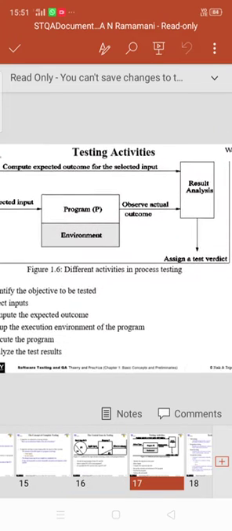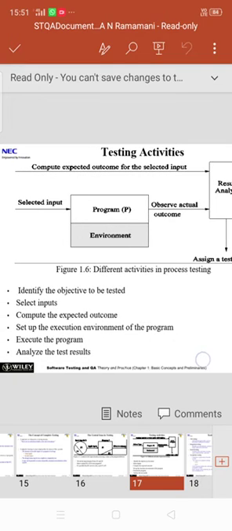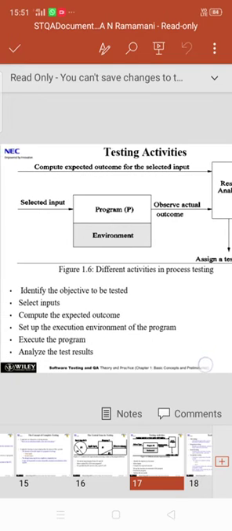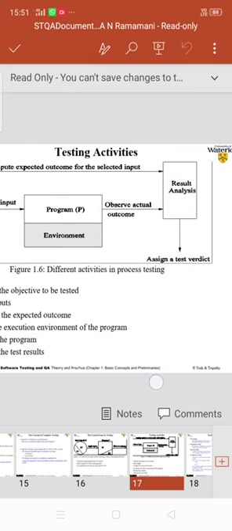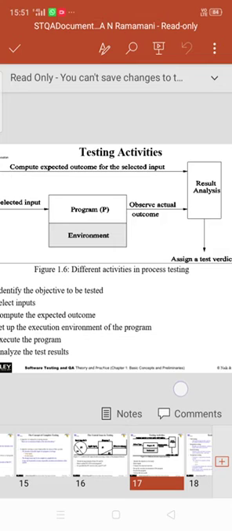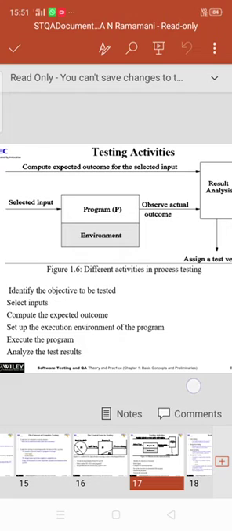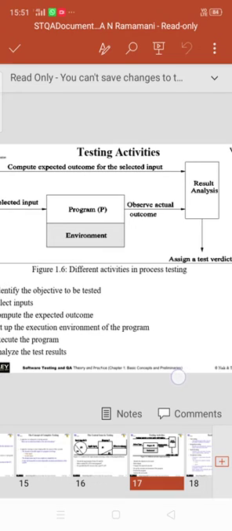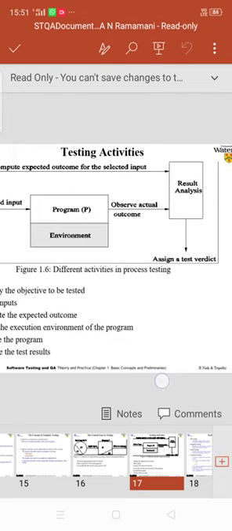Testing activities. Compute the expected outcome for the selected inputs. Prepare the program environment and observe the actual outcome. The selected input is encoded and given to the program, the actual output is observed, and the result is analyzed to determine whether the outcome is the expected outcome or not.